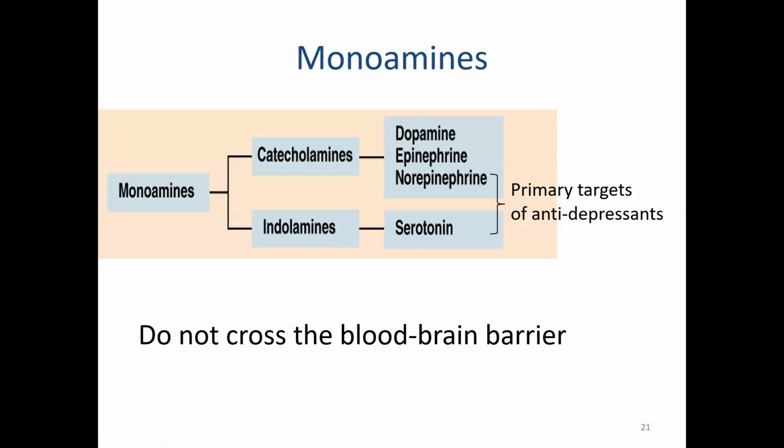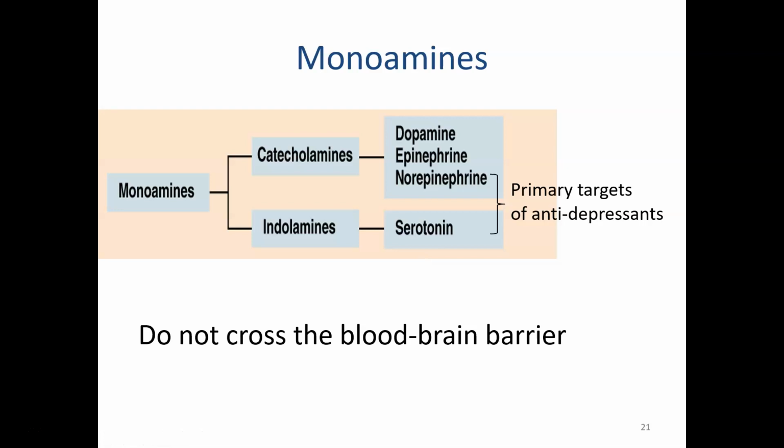The fact that they don't means that if we want to enhance serotonin or norepinephrine, we either have to use a precursor or find some other way to enhance that release without actually giving somebody a pill of serotonin. We can't really give somebody with a low level of serotonin a serotonin pill. We've got to find another way.